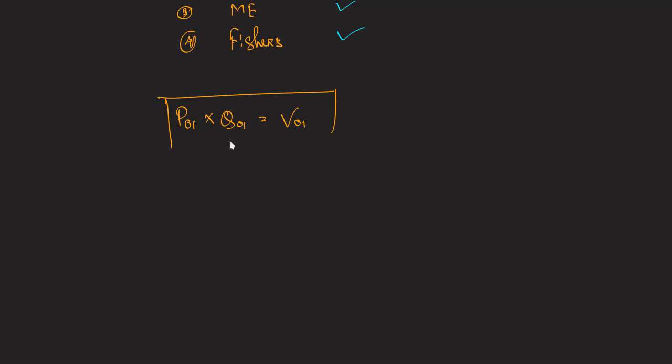That is the factor reversal test. So what will V01 be? V01 is equal to summation P1 Q1 divided by summation P0 Q0.